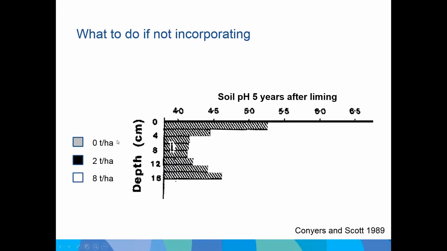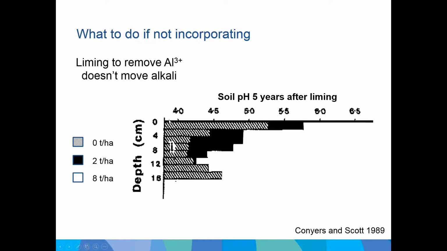And so 5 years later, where you didn't apply lime, you had this pH profile, and you'll identify that as a stratified profile. Again, research that was done in Wagga by a bunch of different people, we understand why this forms. We know that. 2 tons of lime, what did that do? Well, it increased the pH, as lime should, but it only really increased the pH where you incorporated the lime.